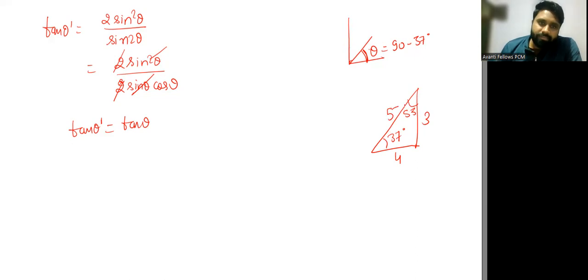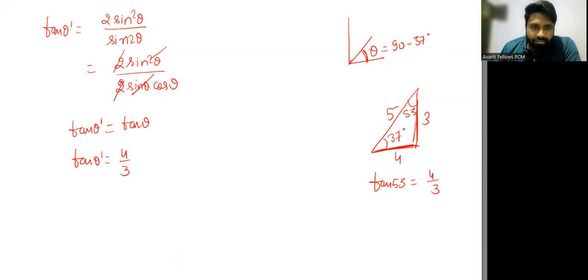So you can apply tan 53 here because 90 minus 37 is 53. For that, this will become the height, this will become the base. So it will become 4 by 3. So tan theta dash is equal to 4 by 3.